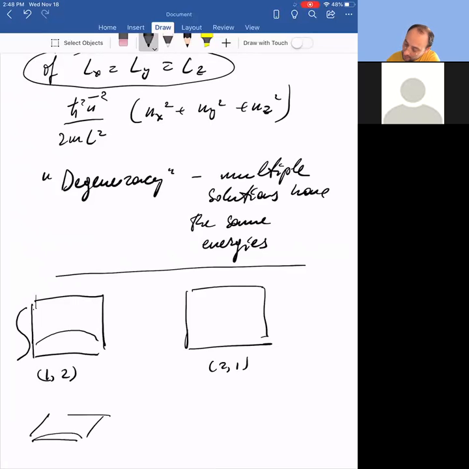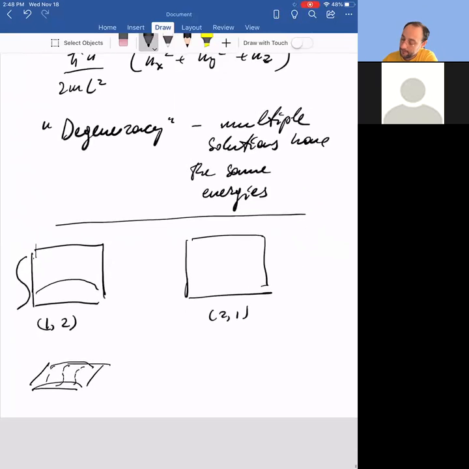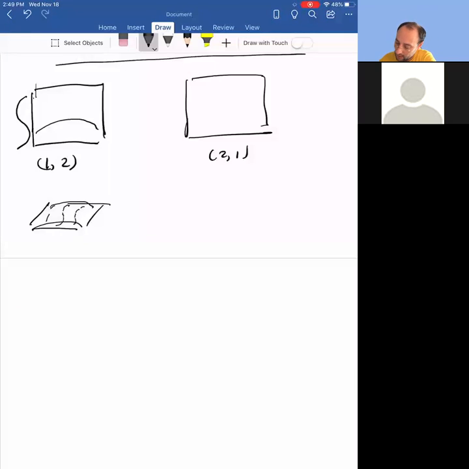Imagine this is like a square drum. It has only one lobe in the x direction, but in the y direction it's positive and negative. It's hard to visualize. If you look at such a drum from the top, so top view, this is your drum.